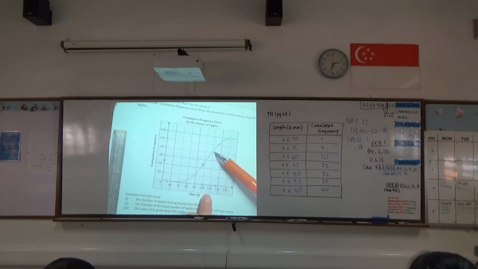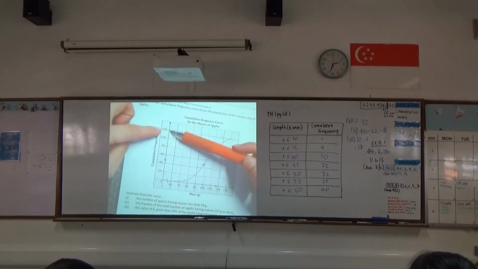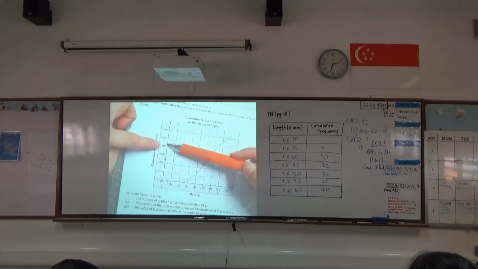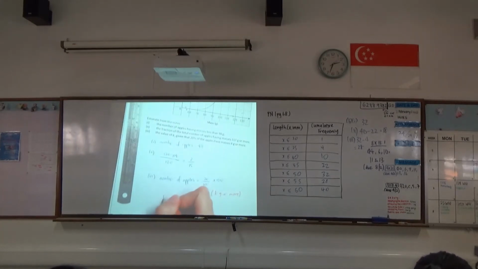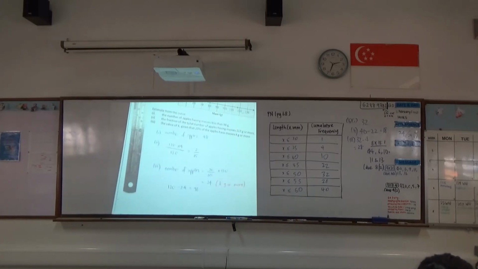So we want to figure that out, but we are not able to actually read backwards so easily. So we go and find out what is the number to read, and that will be by considering 120 minus away 24. So 120 minus 24, you get 96. So 96 apples are less than k grams.